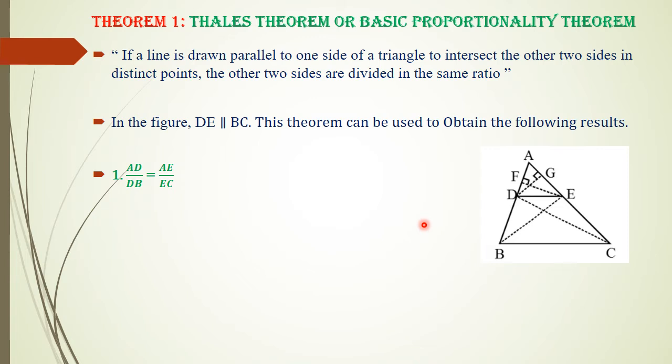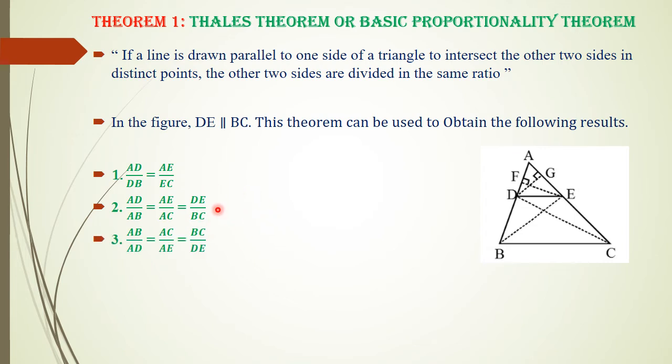Then we can write this result as AD upon AB and AE upon AC are going to be corresponding sides. Similarly, DE and BC are going to be corresponding sides. Then they have to have the same ratio or proportion. Therefore, AD upon AB is equal to AE upon AC, that is equal to DE upon BC. This is the second important result.